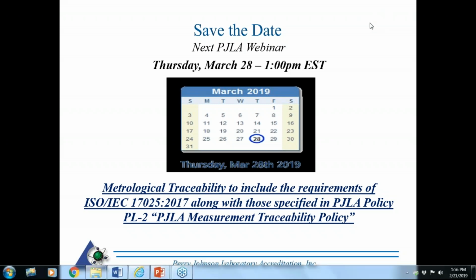Going to look at metrological traceability to include the requirements of the 2017 standards. And we're also going to look at those requirements specified in PL2, which is PJLA's policy on measurement traceability.